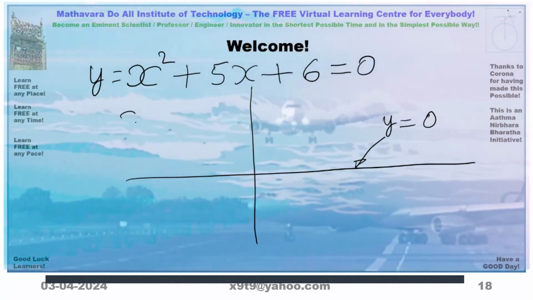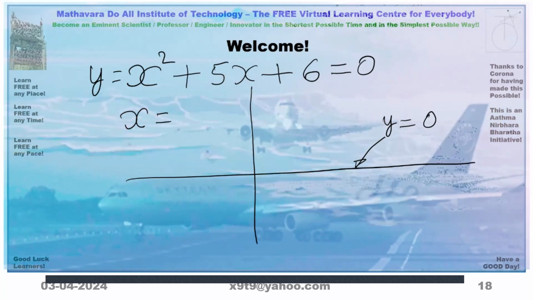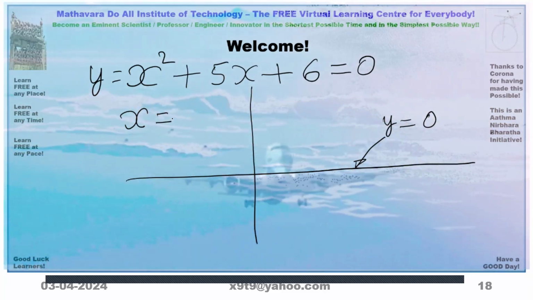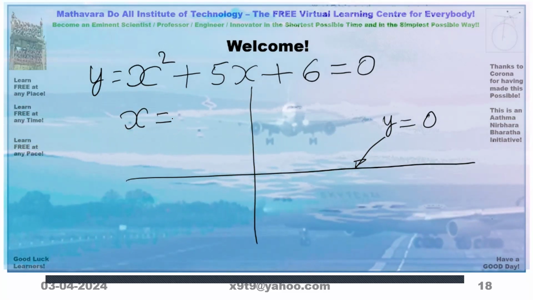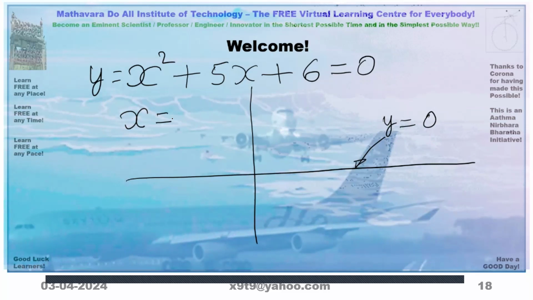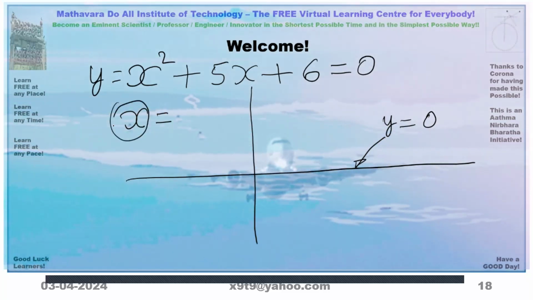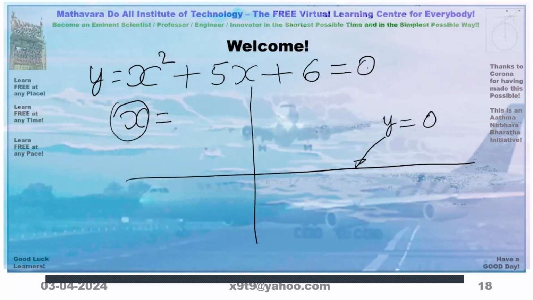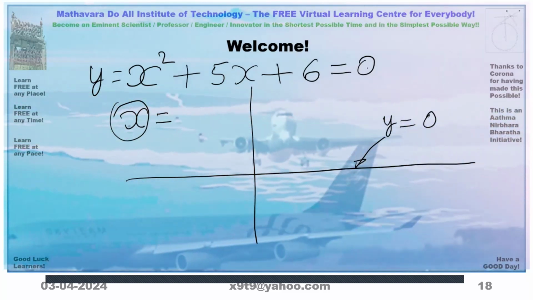So I want to find out what x is, that is, where the graph cuts the x-axis. For this, there are different methods of finding the value of x for which y becomes equal to 0.